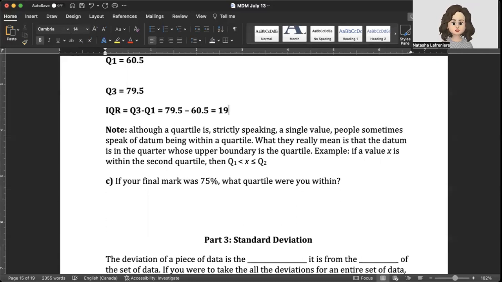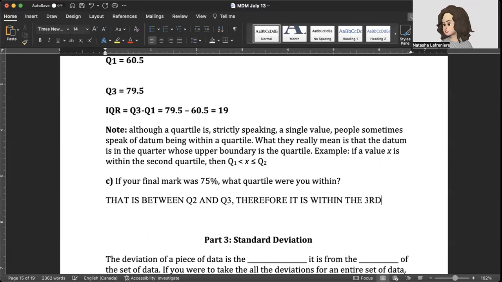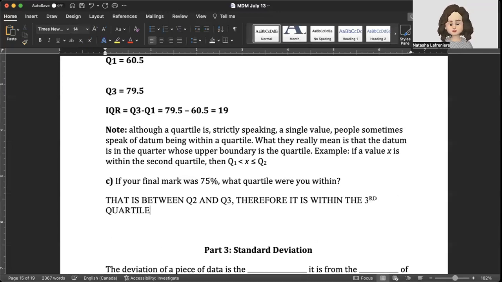So if your final mark was 75, what quartile were you working within? Okay, so that is between Q2 and Q3. Therefore, it is within the third quartile.